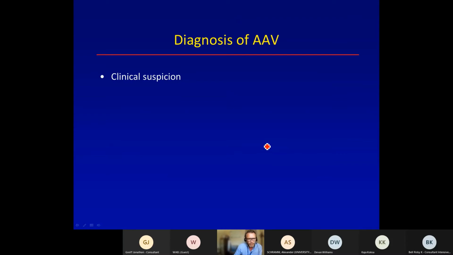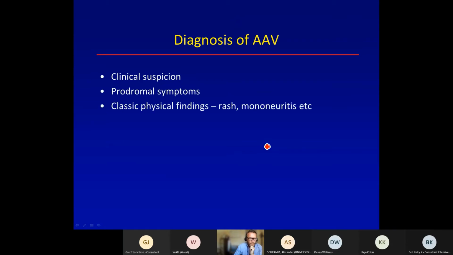Go back through the backgrounds, look out for any other symptoms, signs of things that could go along with ANCA-associated vasculitis, and really probe very hard for evidence of a prodromal illness going back weeks or months. Obviously, look out for the classic physical findings. If there's a vasculitic rash, it makes it blindingly obvious. Do a neurological exam, look at the eyes, look at the nasal passages.